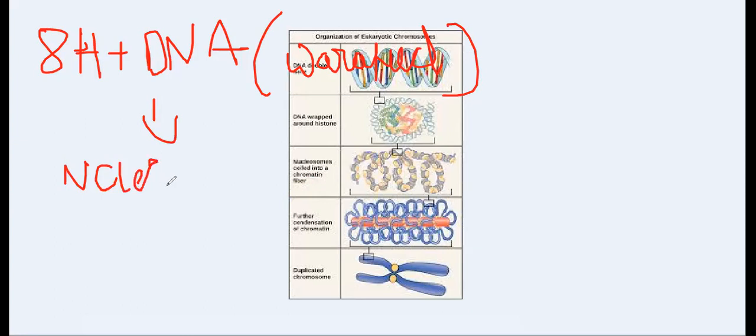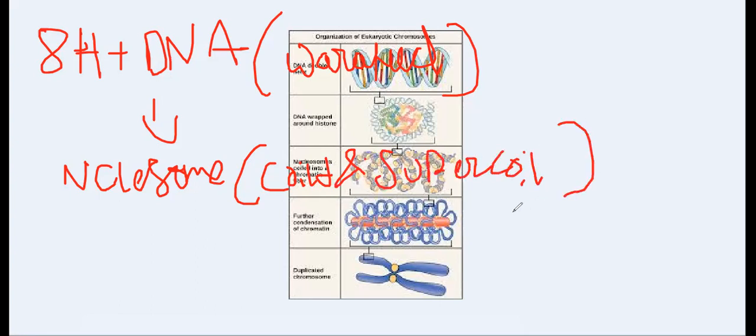This chromatin is condensed to form chromosome, which means here I will write a flowchart. 8 histones plus DNA get wrapped up and form a nucleosome. These nucleosomes are coiled and supercoiled and form chromatin.